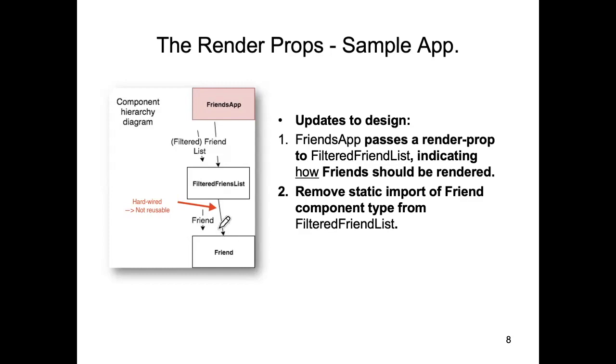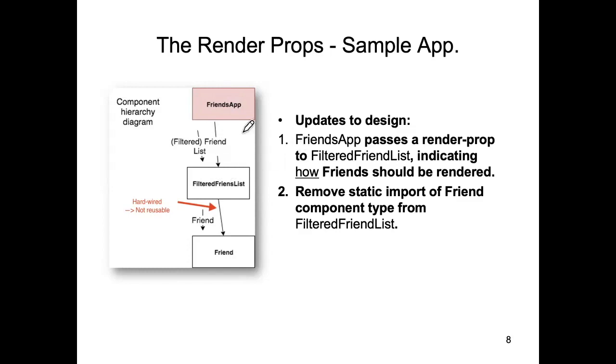And the way we achieve that is this component here is essentially going to tell the filtered friends list how it should render friend components. And it'll communicate that using this render prop pattern.